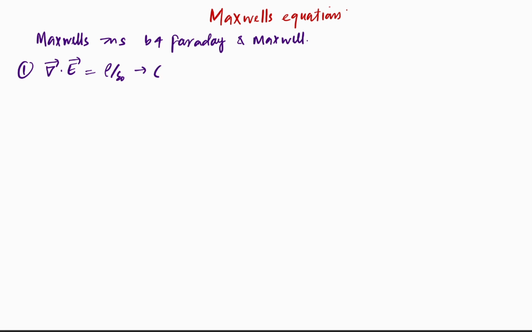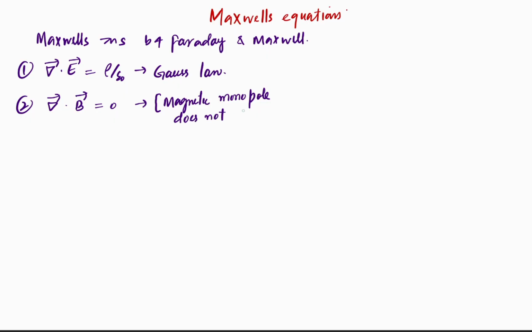This one was the Gauss law of electrostatics. Second is del dot B equals 0. This law has no name because it tells us that a magnetic monopole does not exist. This equation talks about that thing.